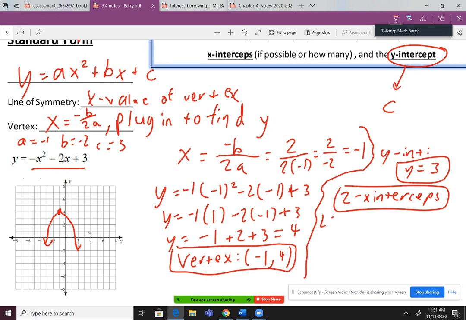We have the line of symmetry, or the axis of symmetry, which is always x equals the x value of the vertex.